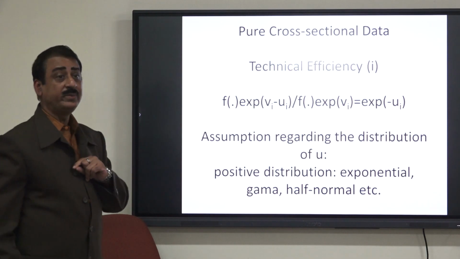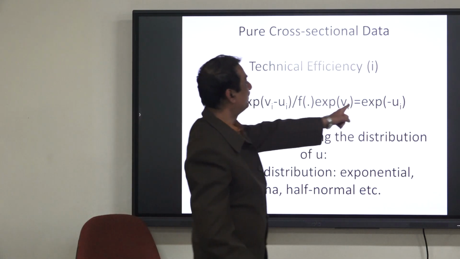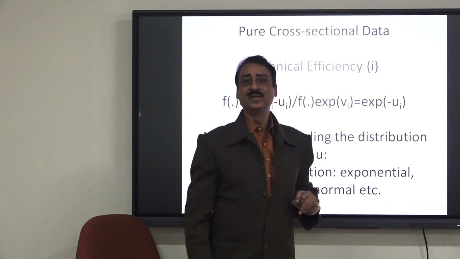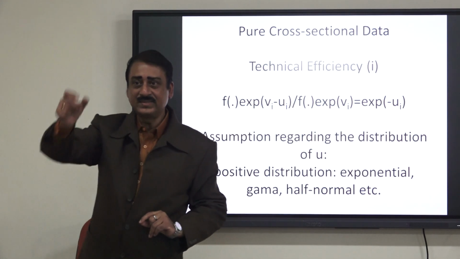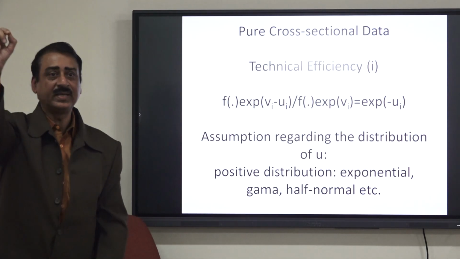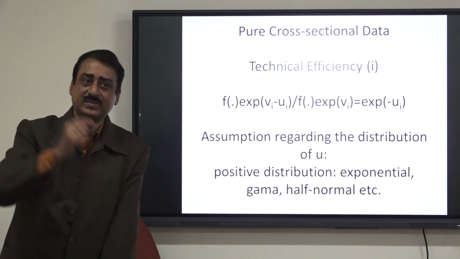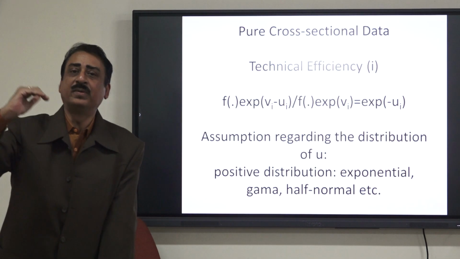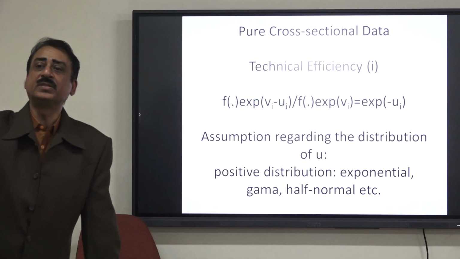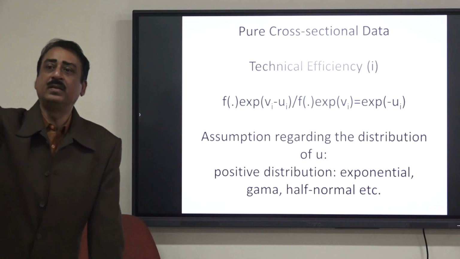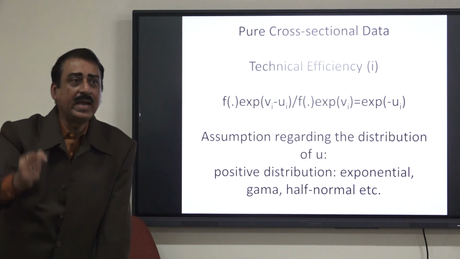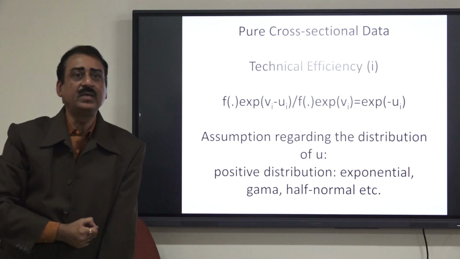So our objective will be to estimate this particular E, and then we can index them. The best performer can be taken as 100, and then accordingly the other performers can be indexed. So if your performance is, let us say, 90%, then accordingly I can work out the performance of the other firms.